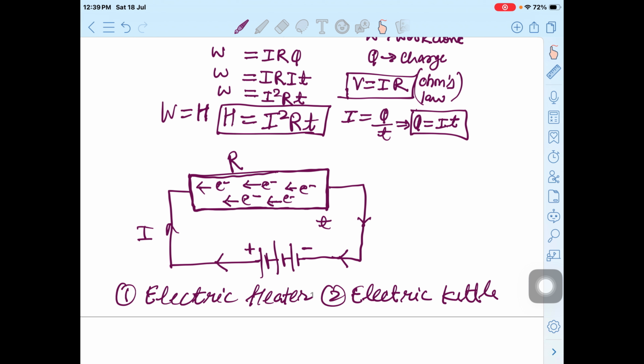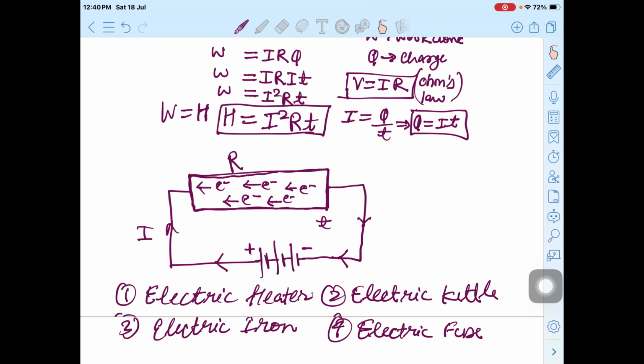Third one is the electric iron. Fourth is the electric fuse, which also works on this principle, right? So this was the whole concept for today's class.